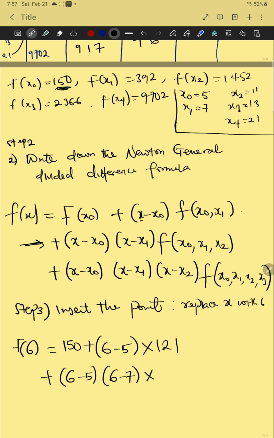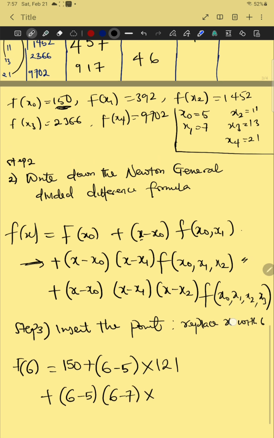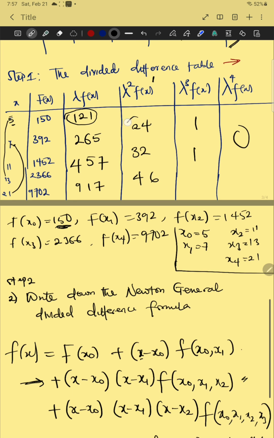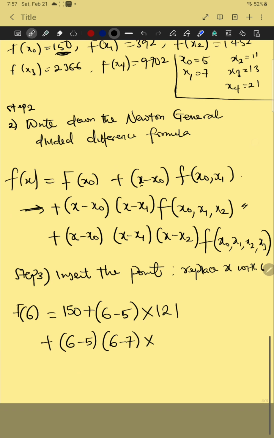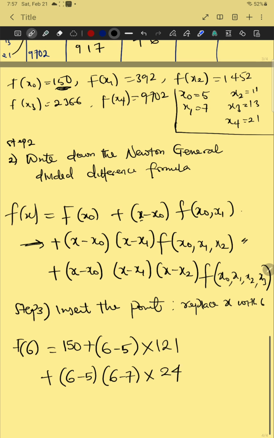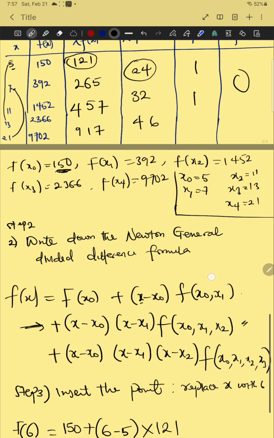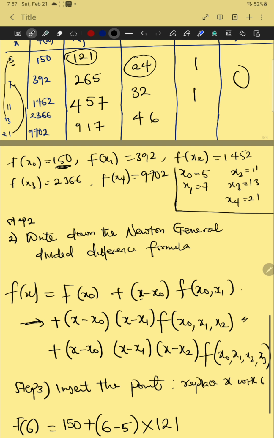Did you see that? Multiplied by 3 intervals. What did you use to get 3 intervals? Here, this is 24. Multiplied by 24. Plus 6 minus 5, 6 minus 7, 6 minus 11, right? 6 minus 11. Is that okay?